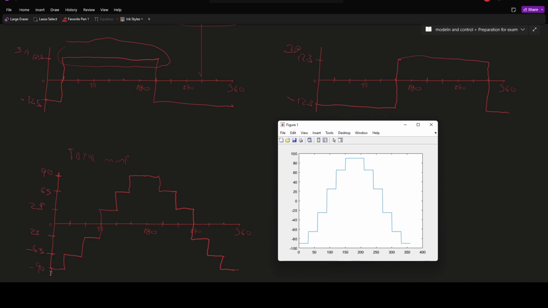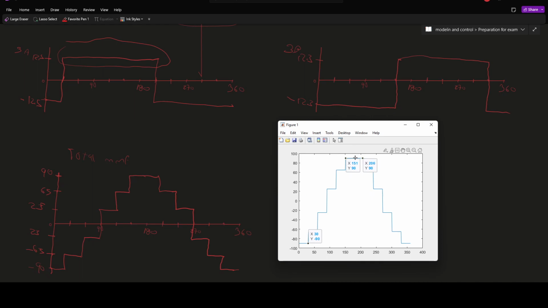So we said that from 0 to 30 we will have minus 90. Okay, we said that from 150 to 180 is gonna be 90.